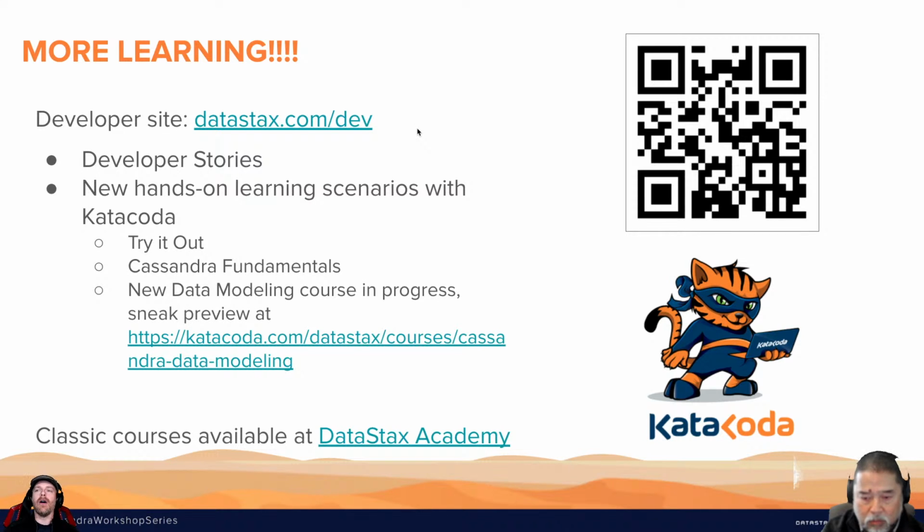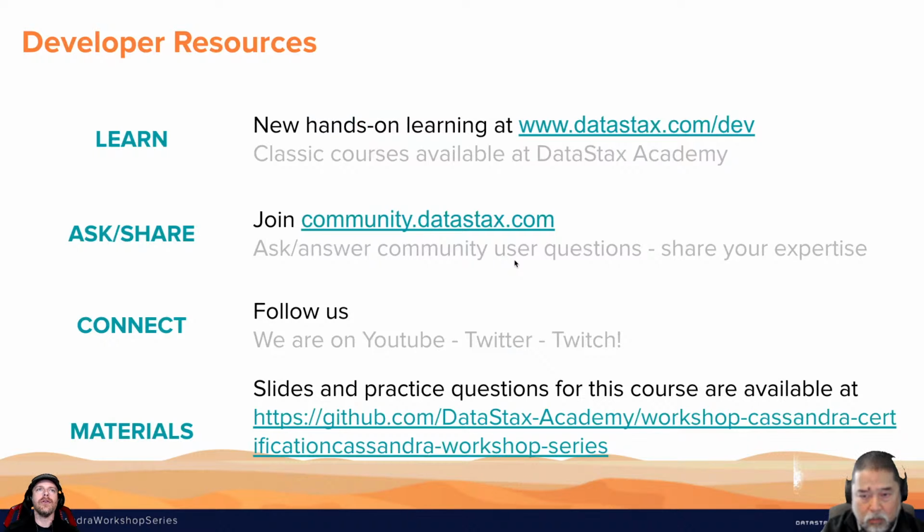It's also free. If you click on those, it'll spin up Cassandra for you in the cloud, and you can start doing all sorts of stuff with it right in the browser. The Cassandra data modeling one is among the links, where you can go through some data modeling use cases.